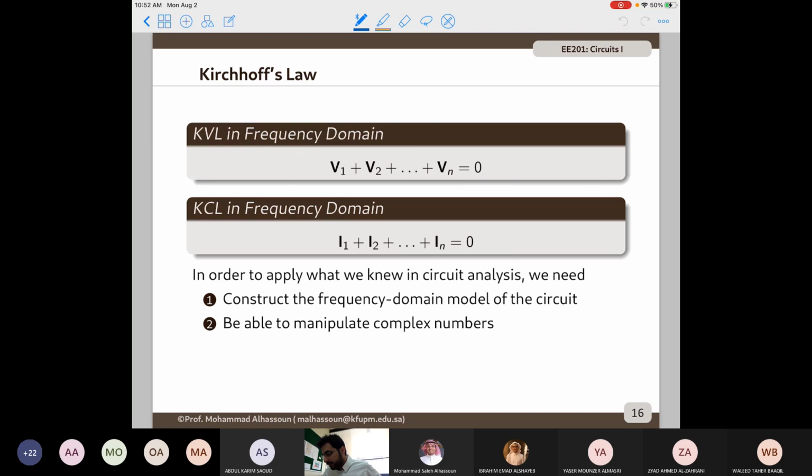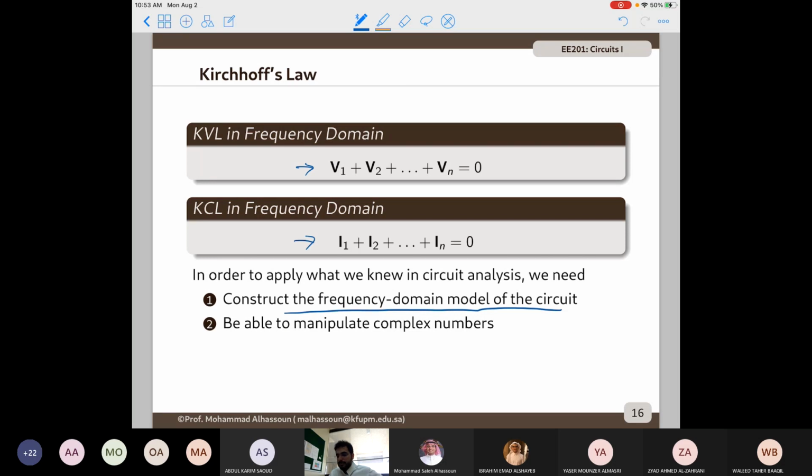First of all, we need to construct the frequency domain model of the circuit, meaning that we need to find the impedance of the inductor, the capacitor, and the resistor, and construct the circuit using this model. These two equations are complex equations, written in a complex number format.